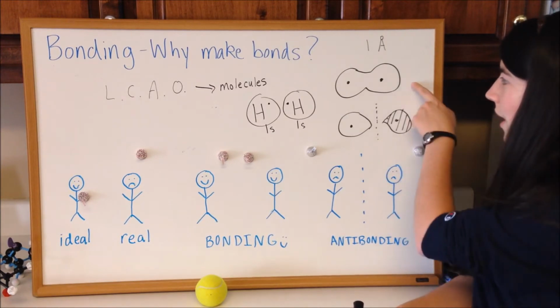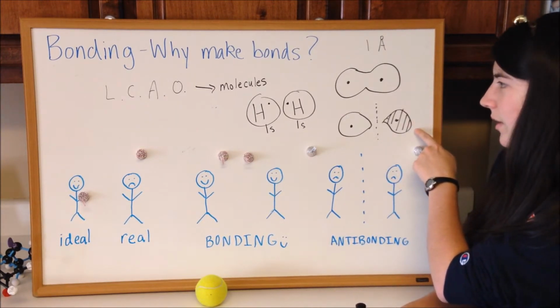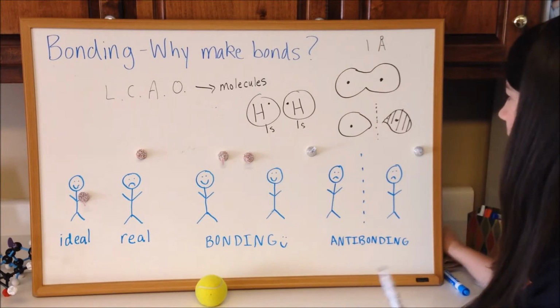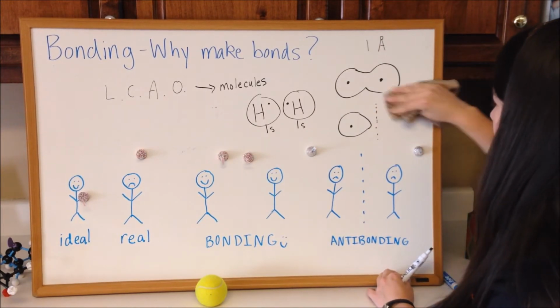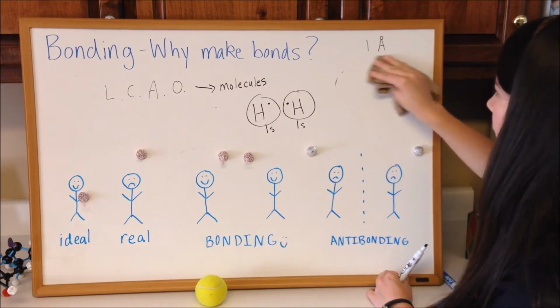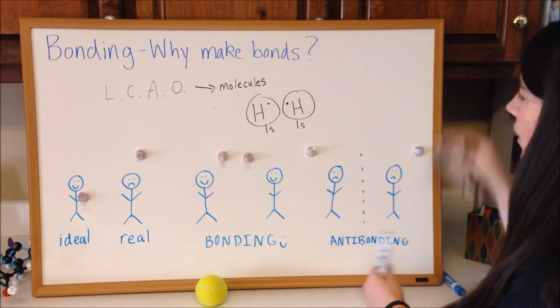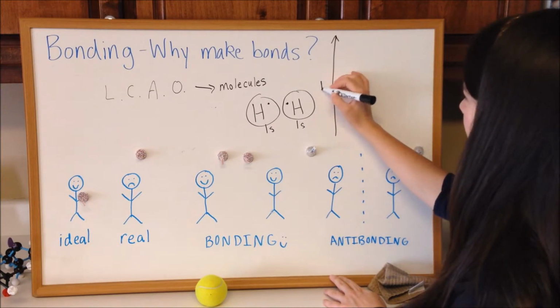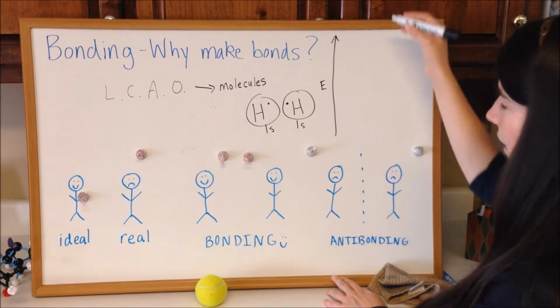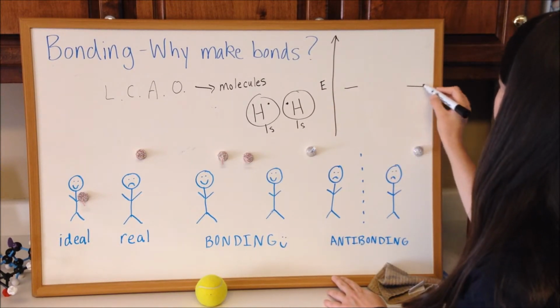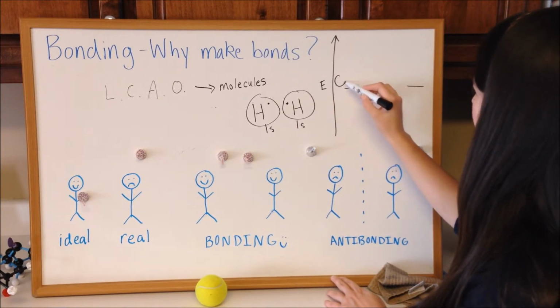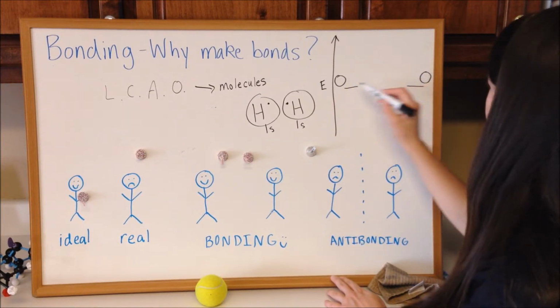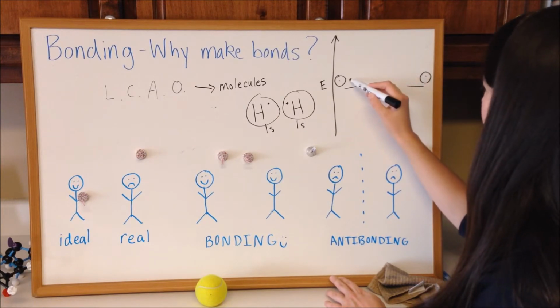Okay, so we have bonding and antibonding. And if we look at this in terms of energy, from your previous freshman chemistry class, you're probably familiar with energy diagrams when building orbitals. So we can label this as your energy. It goes up, and then we'll draw this as our 1s orbital, each with one electron.